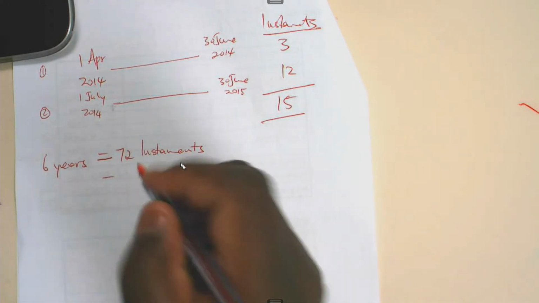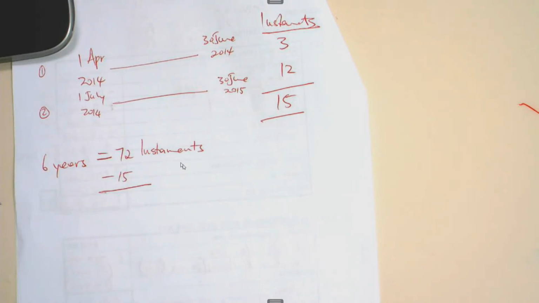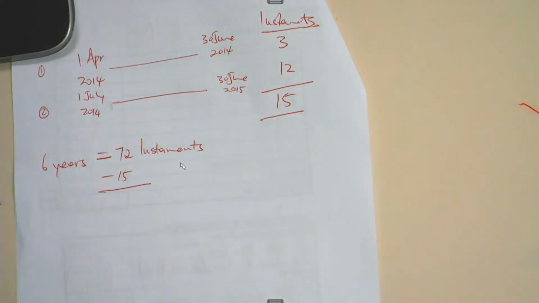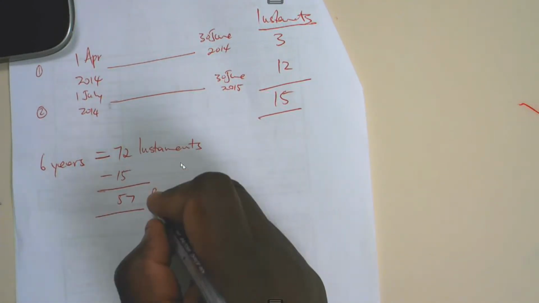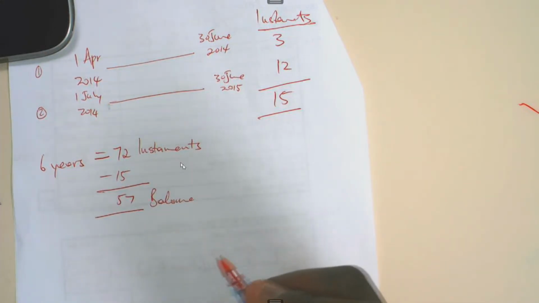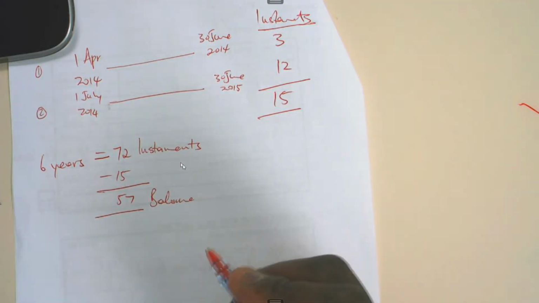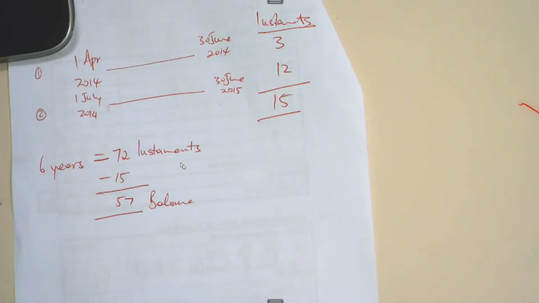When we say 72 minus 15, we are left with 57. That is the balance of our installments to date, which is 30 June 2015.